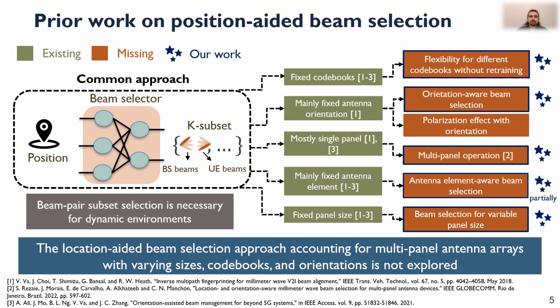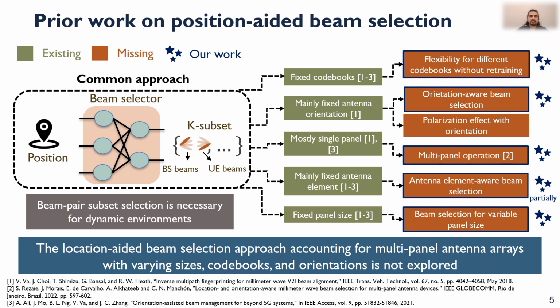Prior work in the literature has a lot of work in position-aided beam selection. Here, we identify the limitations of prior work and explain our contributions. The common approach in prior work is to have a black box model where the position information is input, and at the output, wireless specific information such as received signal power is predicted to select a k subset of beams, where there are base station beams and UE beams, and these are called beam pairs.